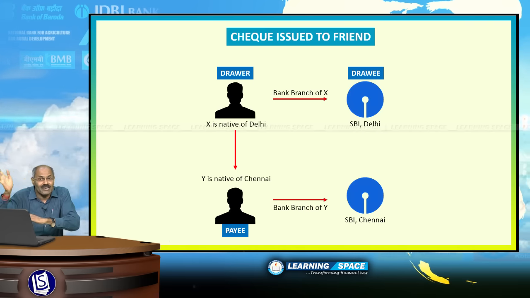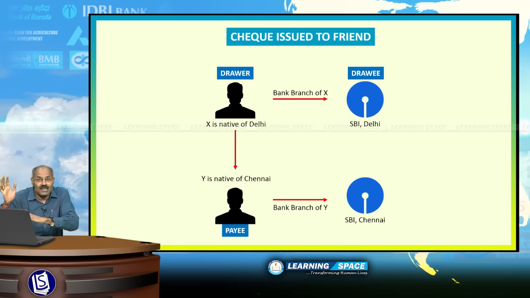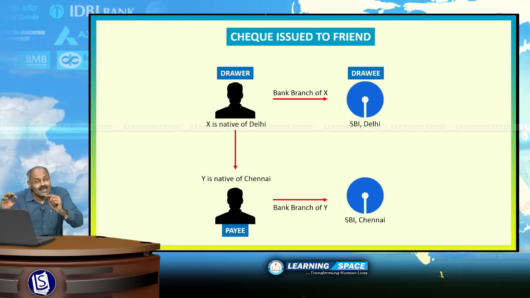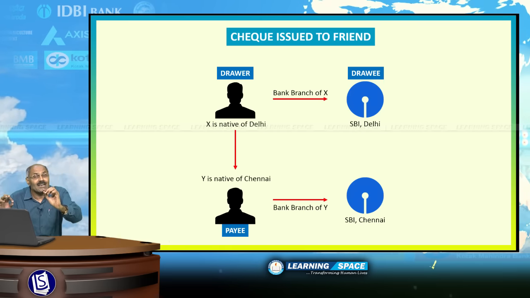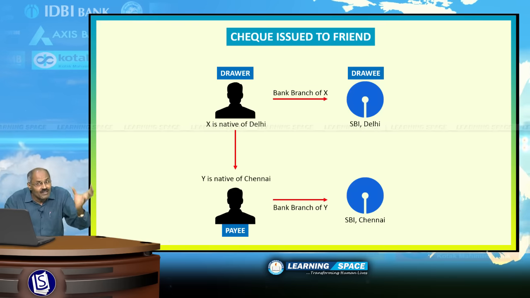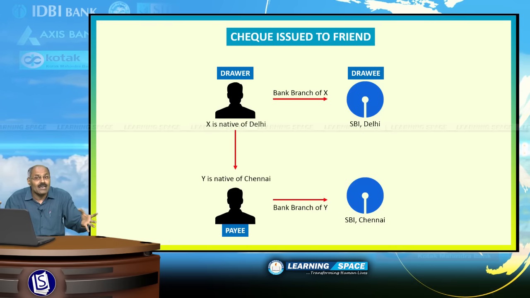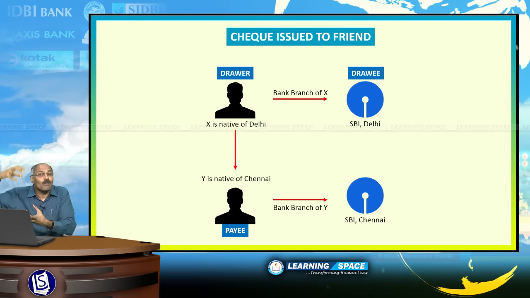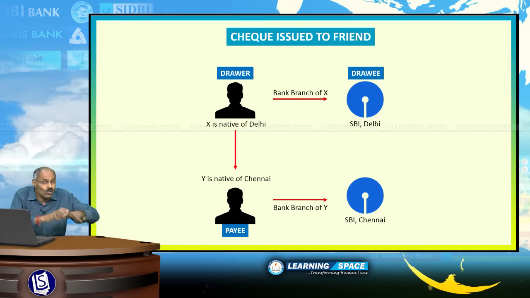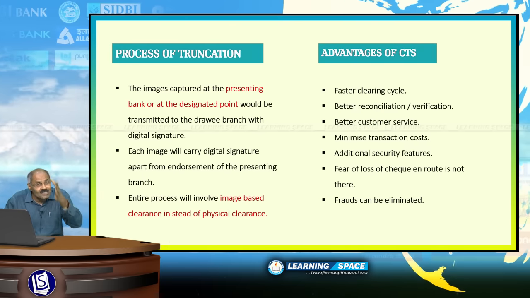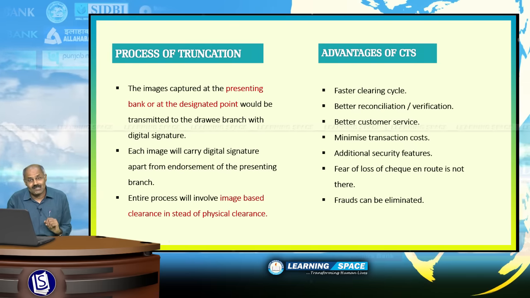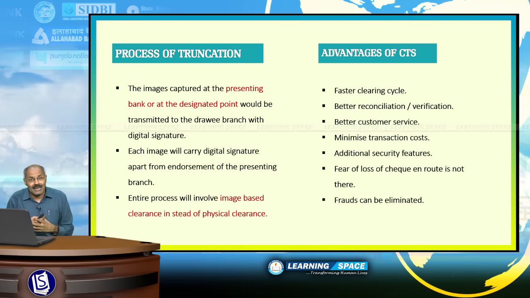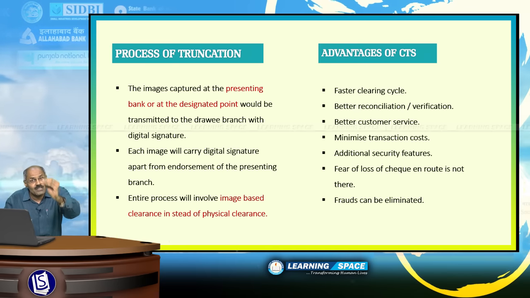No physical movement of the check. Only the information contained on the check will be verified electronically from Chennai with Delhi, and subsequently the payment will be made to Y. No physical movement of the check. So this is the beauty of CTS checks. Physical movement is eliminated; only the image will be sent.